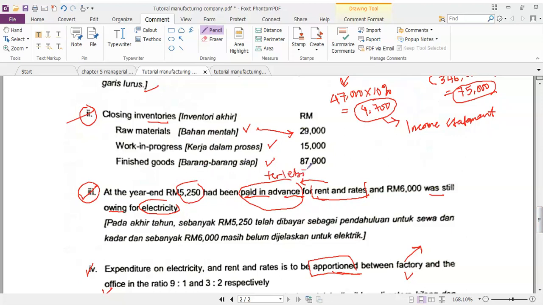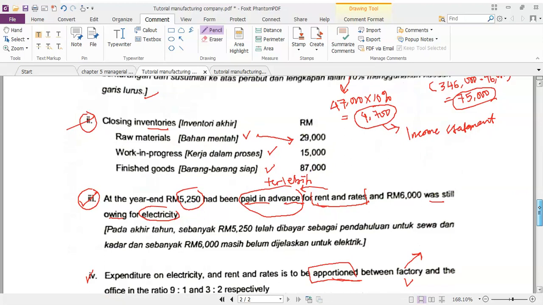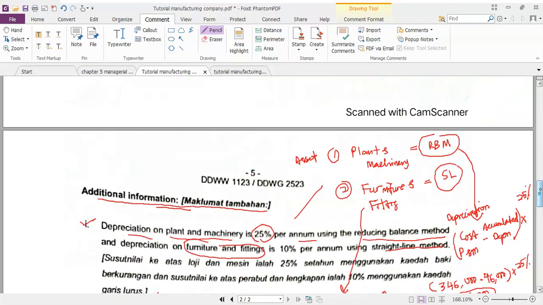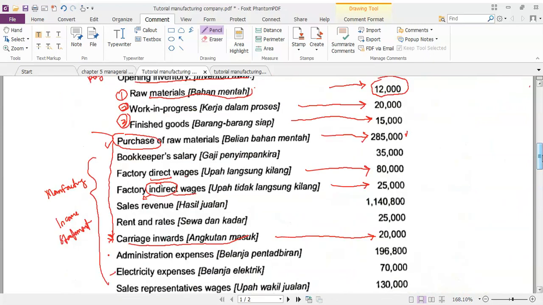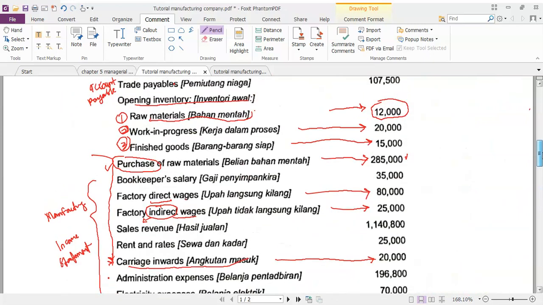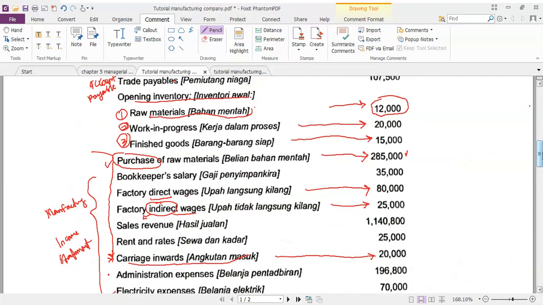In Malay we call it as terlebih. So maknanya you kena kurangkan 5250 dekat list of account. Kat mana list of account yang tadi kat atas? Dekat list of account ada tak perkataan rent and rate? You found it or not? Rent and rate.